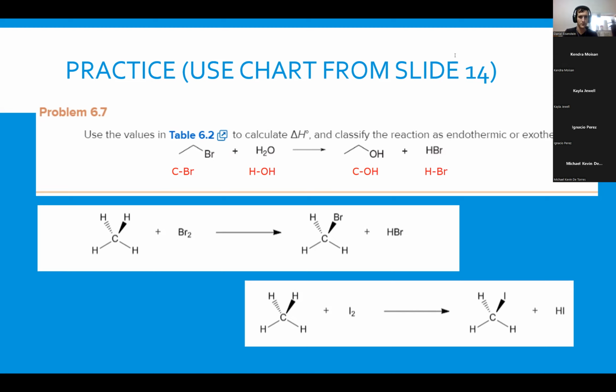So this here is going to be bonds broken. And then over on the right, formed.